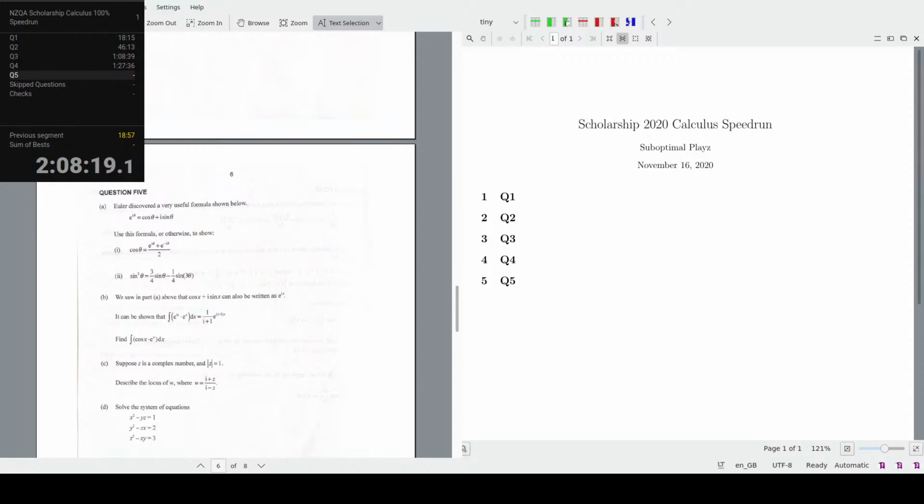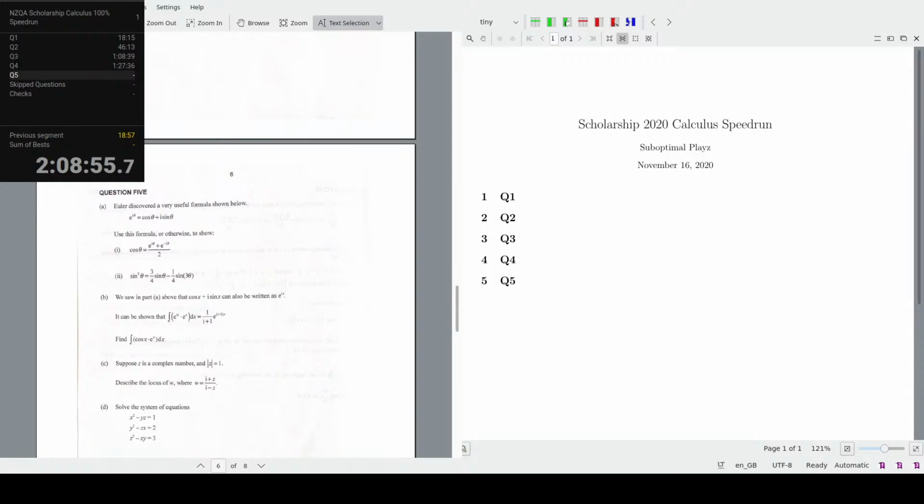Because if not, then you just have to square it and it looks horrible. 5z squared is equal to 1 minus 3x squared.